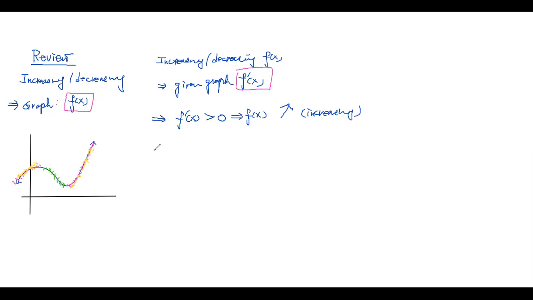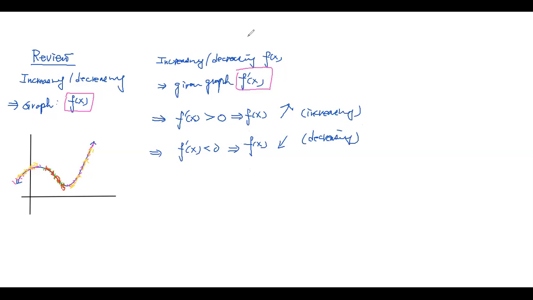The same way, if f prime x is less than 0, for example, like this green segment, we know this is decreasing. If you take the tangent line along this curve, the slope of these tangent lines is negative, so we'll say f of x is decreasing.